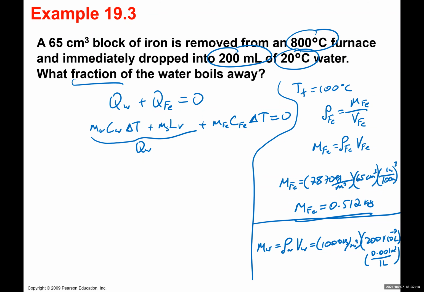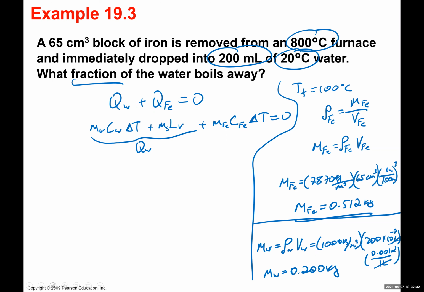Okay. All right, so then the liter is going to cancel out. Then I'm going to get cubic meters and then times 1,000. Then I can get the mass of water converted into SI unit of 0.2 kilograms.